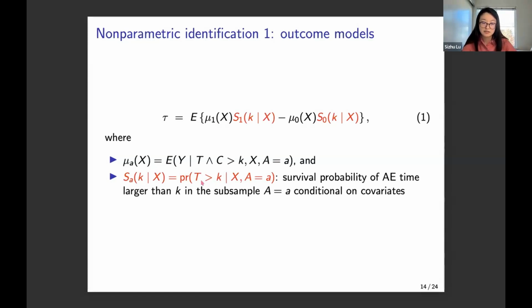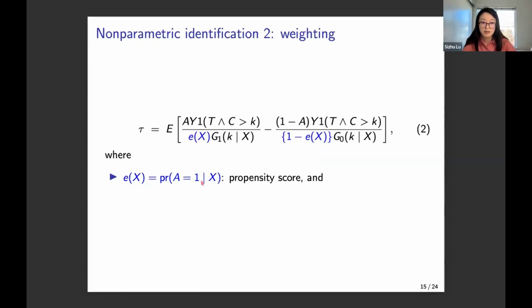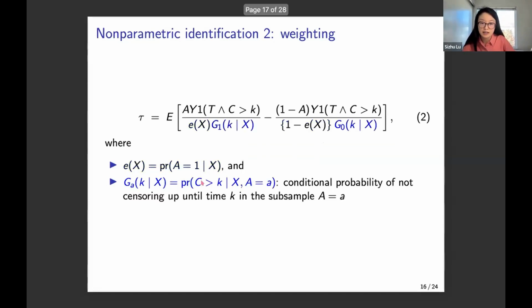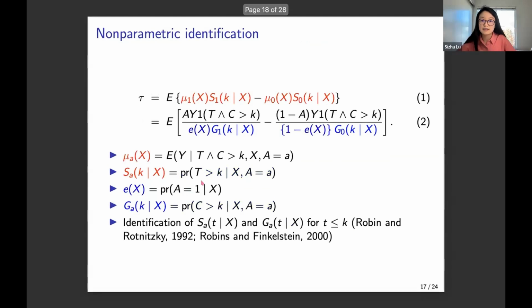The second identification formula is a weighting formula, and we are using the inverse probability weighting idea. Here, again, it depends on two components: the propensity score, the conditional probability of getting treatment, and the conditional probability of not observing censor, this C event, up until time K. We can see these two identification formulas depend on two sets of nuisance parameters.